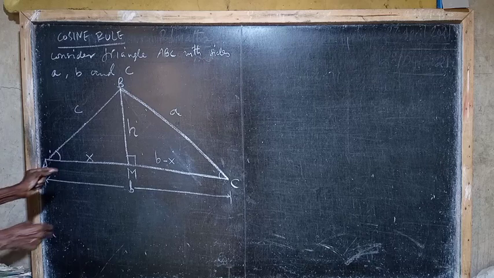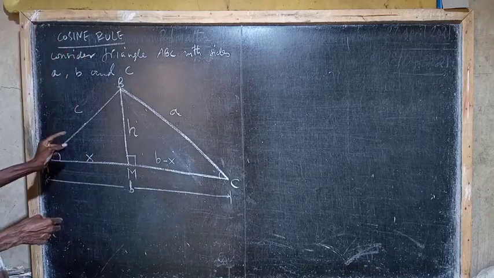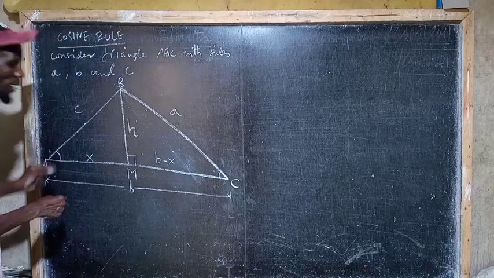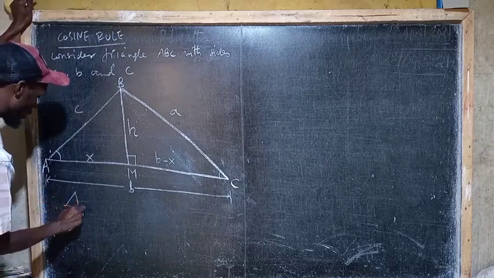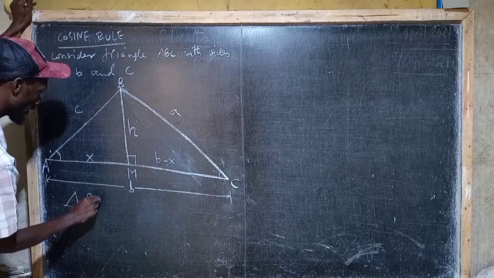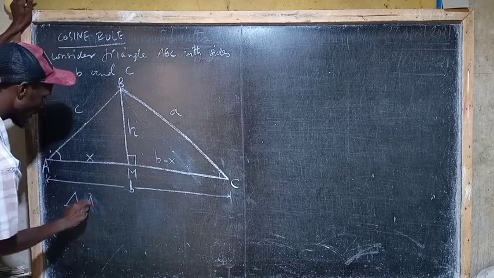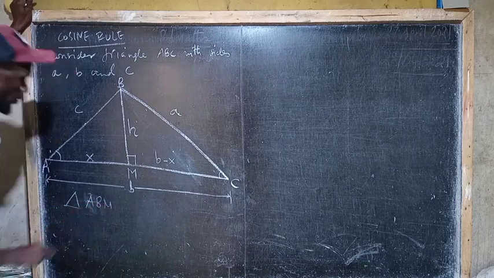By considering those two right-angled triangles, I may start with the right triangle ABM.